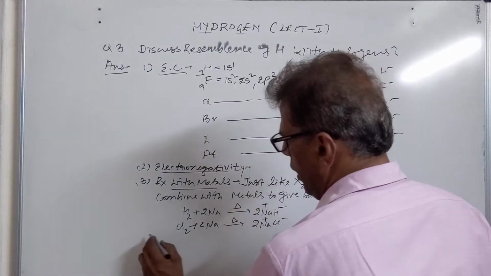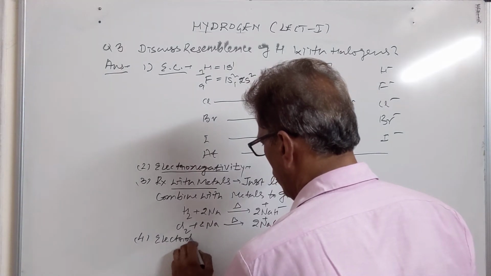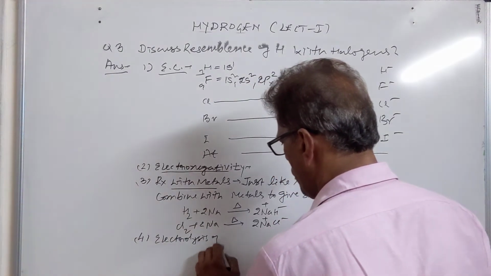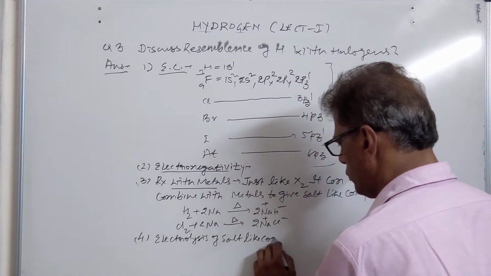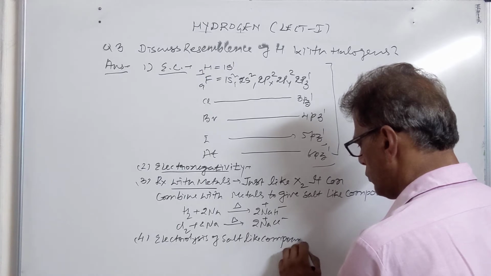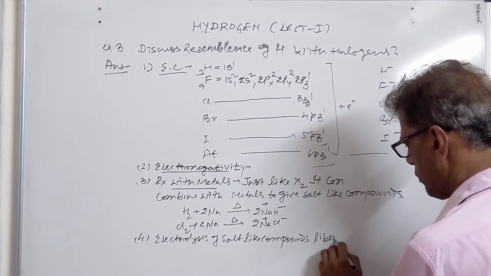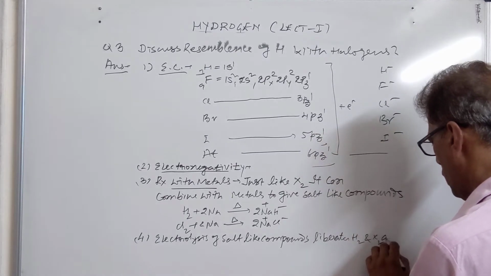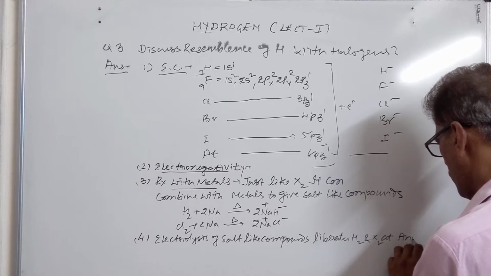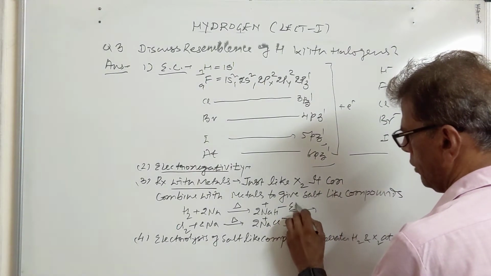So these are salt-like compounds. When they are electrolyzed, electrolysis of these salt-like compounds liberates hydrogen and halogen at anode, which shows its electronegative behavior.